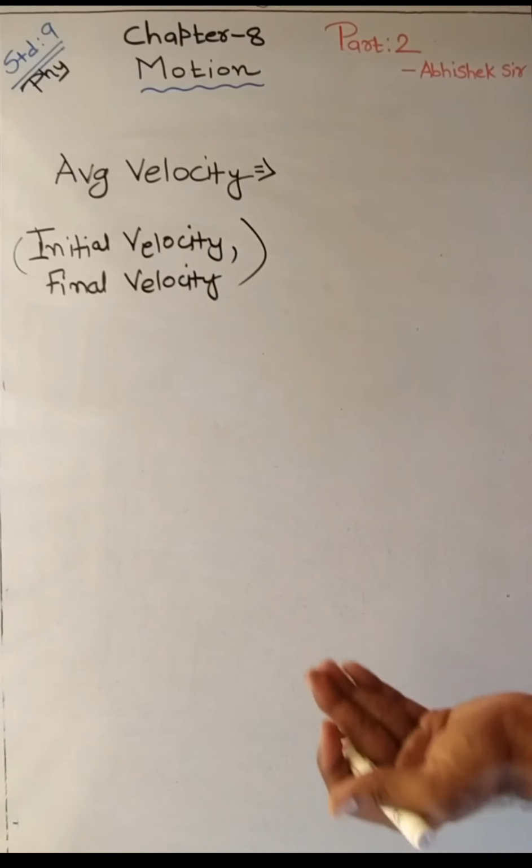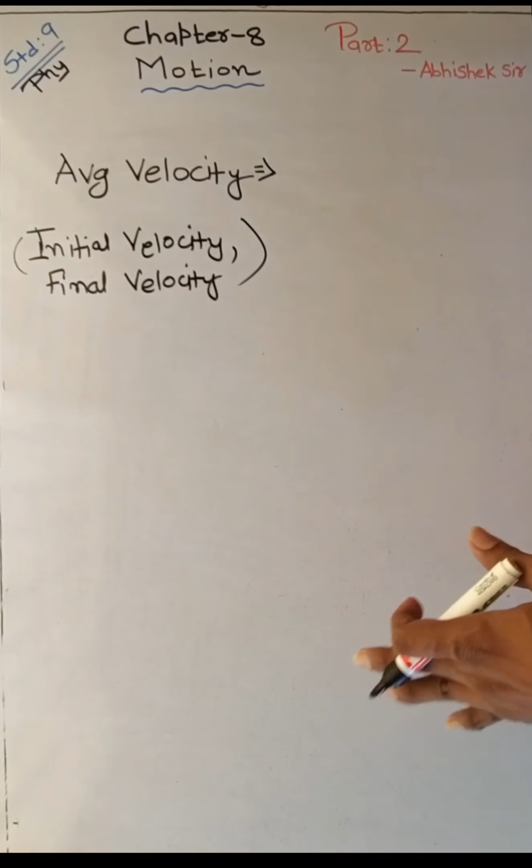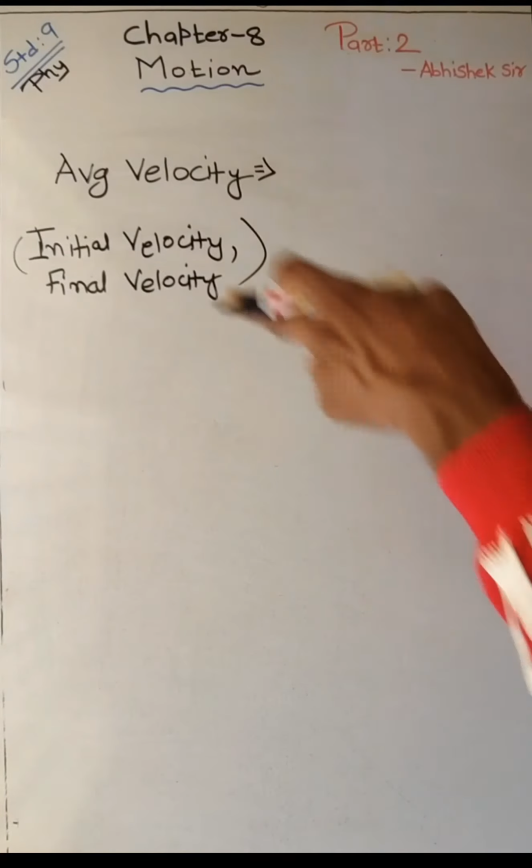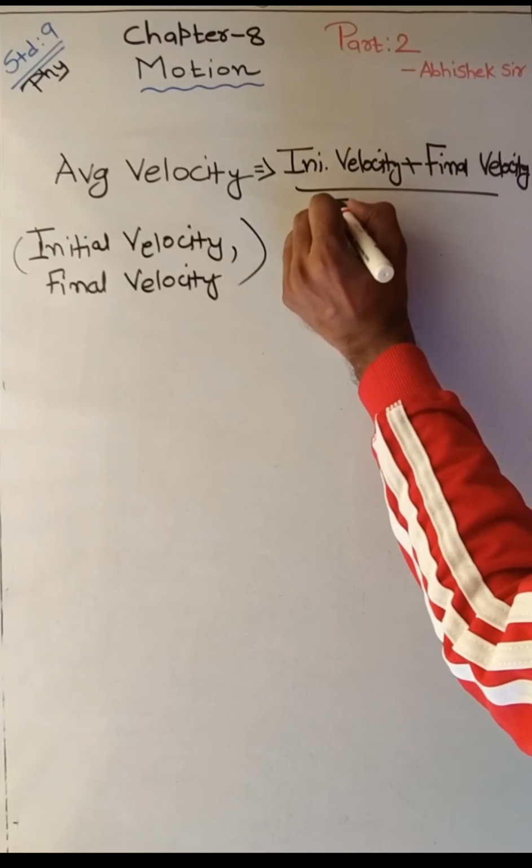Instead of the original formula, total displacement upon total time, we can have another formula as the average of the velocities, that is, initial velocity plus final velocity upon 2.